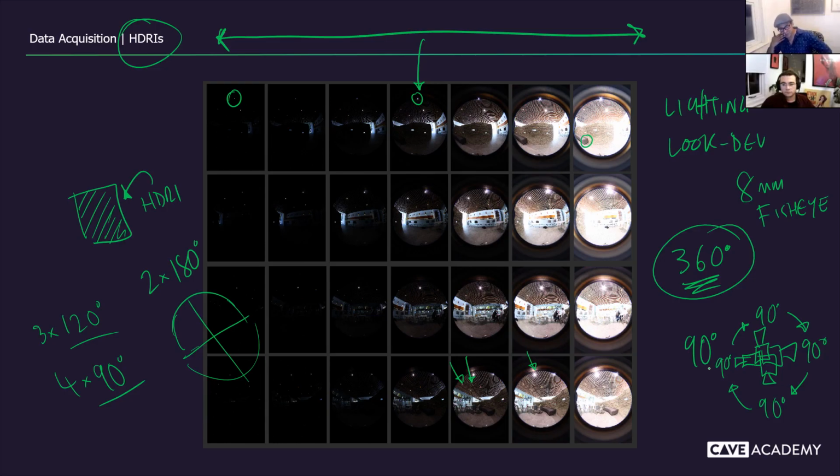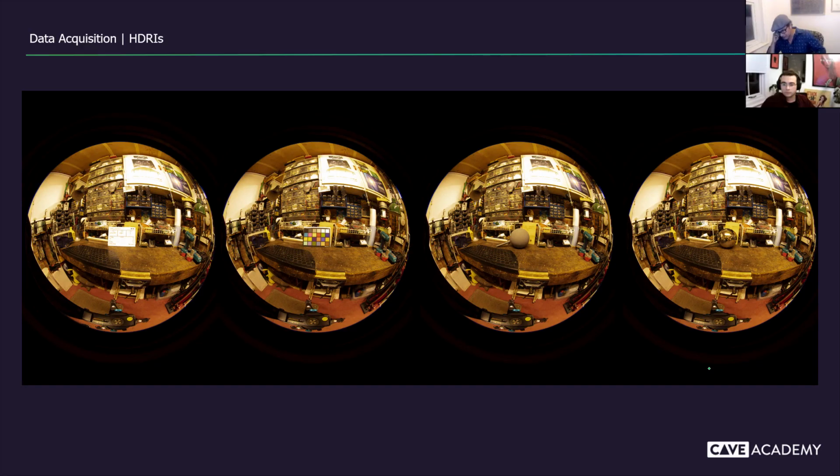Chris is asking, have I used the Ricoh Theta? Yeah, I used the Theta when I went to Barcelona, and also a couple of other shoots. I found personally I could capture a HDRI with the Canon quicker than the Theta, and the quality of the Canon is obviously better as well.